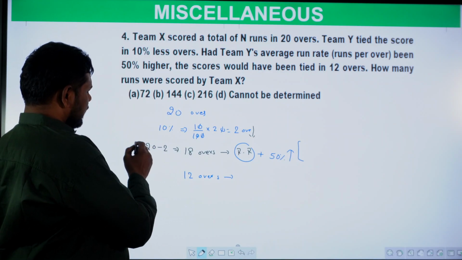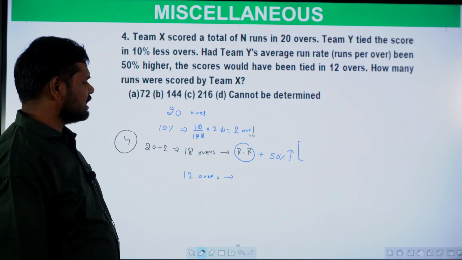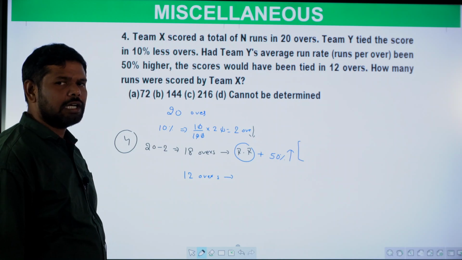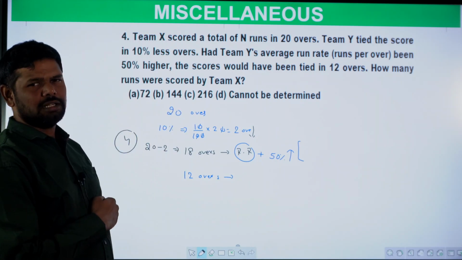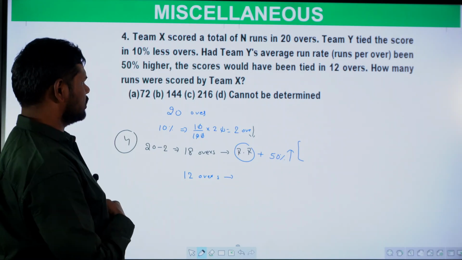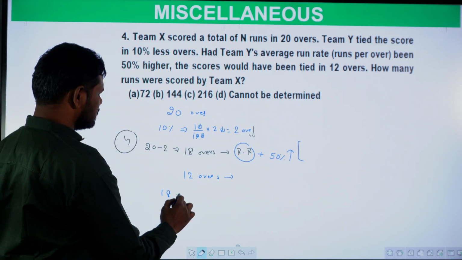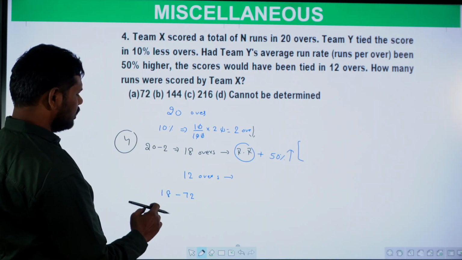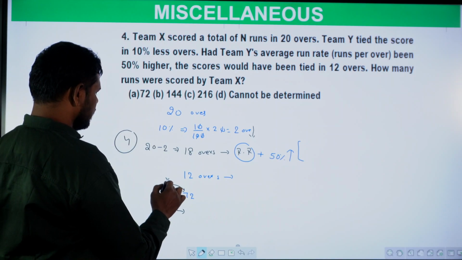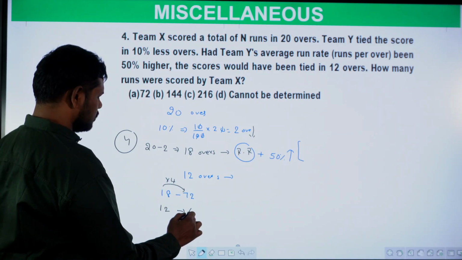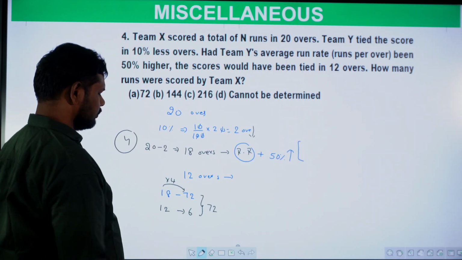Here Team Y's data is clearly there, in 18 overs and in 12 overs, which means definitely the score is a multiple of 18 and 12. Just observe 72, 144, 216. All are multiples of 18 and 12. Suppose I take the first option, 72. In 18 overs, 72, in 12 overs, suppose the run rate is 4: 18 fours are 72, and 12 sixes are 72. Is that clear or not?